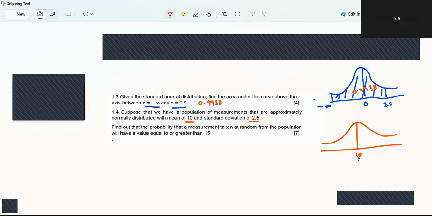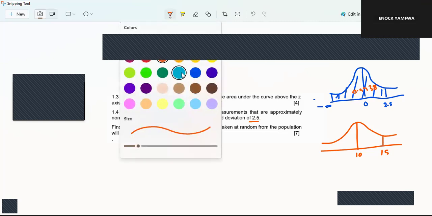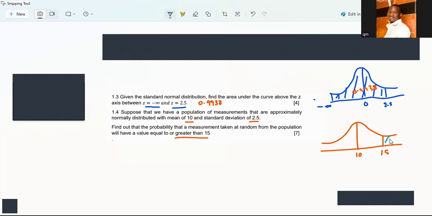On the right of 10. Now you know your number line, isn't it? The question says greater than 15, so which side are we shading? To the right, after 15. So using ISA, what stage are we at? Illustrate, shade, and now standardize.